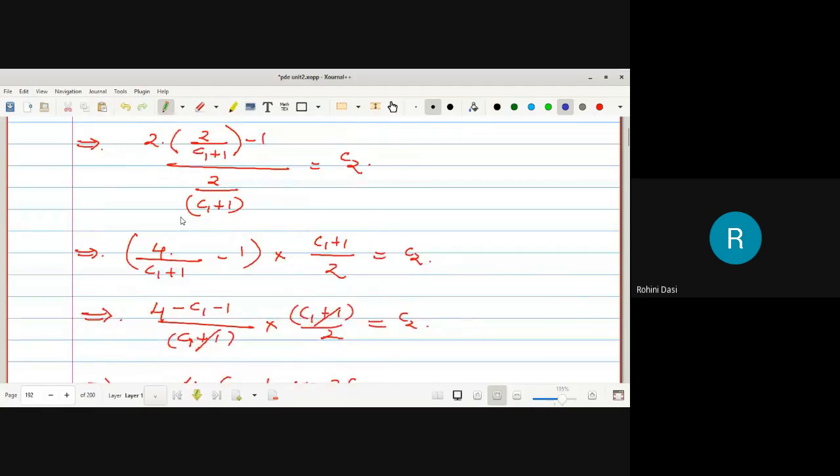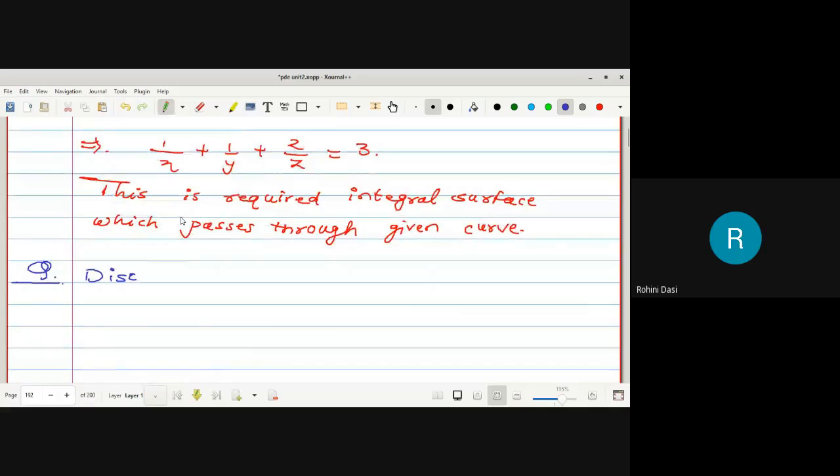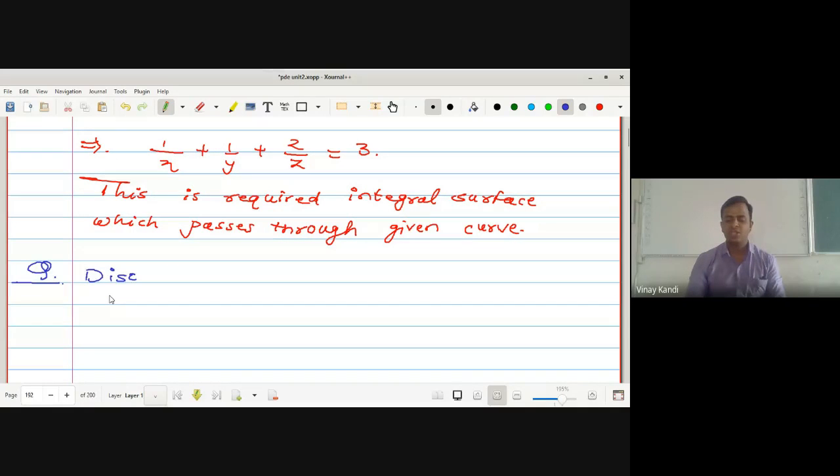No, sir. Okay. Now the next point is: discuss the method of finding the integral surface of a non-linear partial differential equation through a given curve.